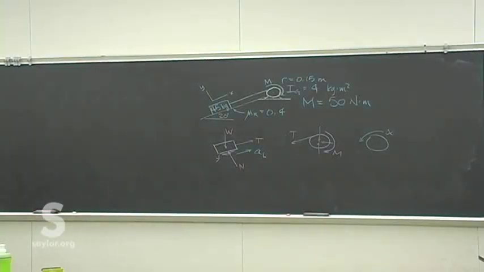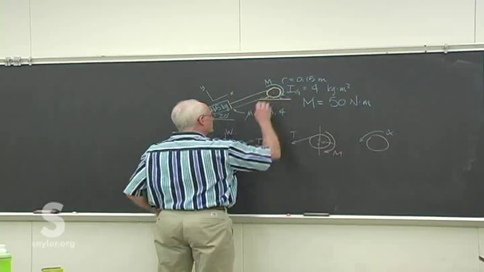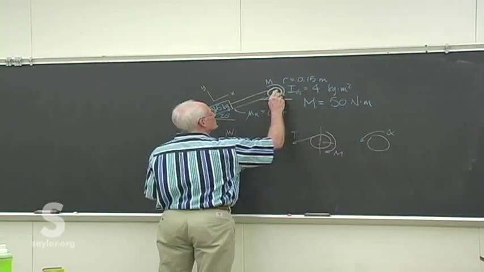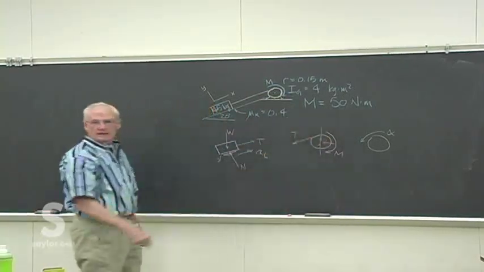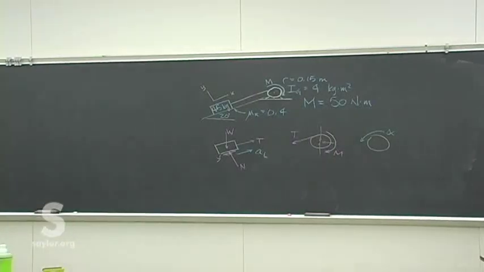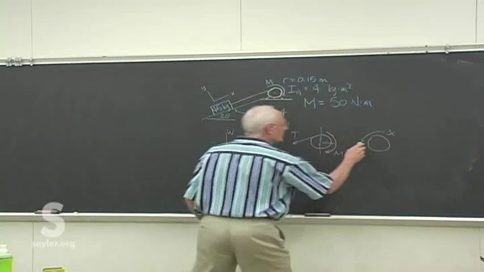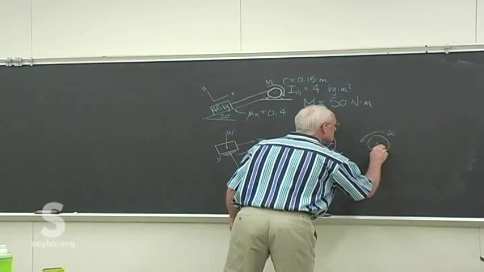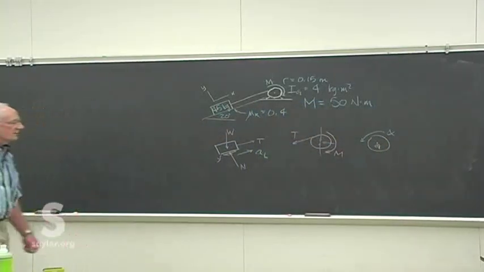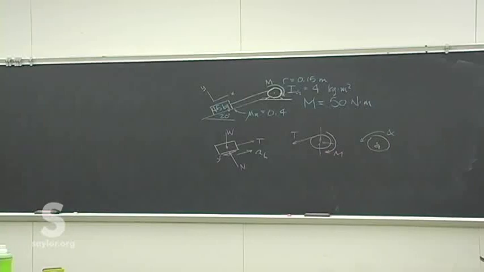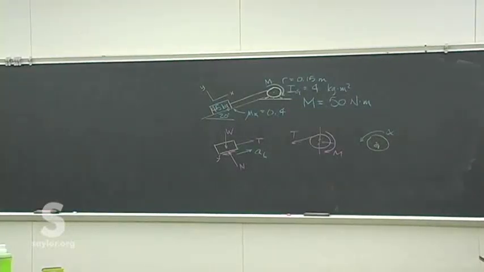If you sum the moments about the center of gravity of the pulley, those don't come into it because they go right through there. So they're not a concern. If we sum the moments about G on the pulley, all that's in there is T and M. And M is given.